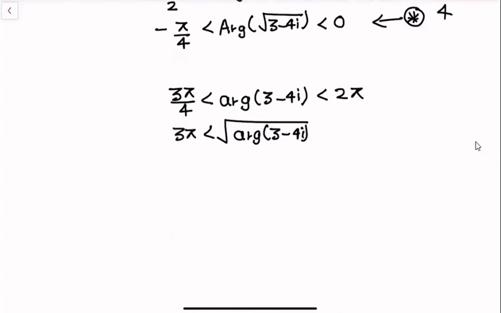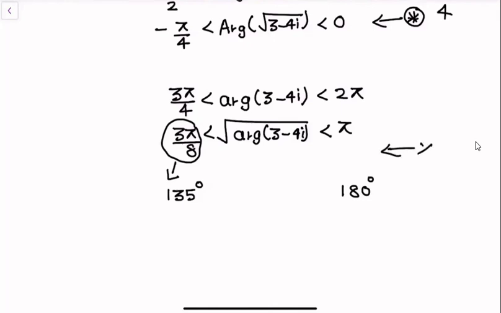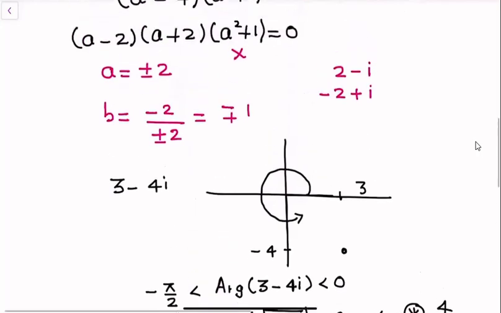In degrees, it is 135 to 180, I believe. And 135 to 180 is in quadrant 2. Then one square root must lie in quadrant 2 and the other one must lie in quadrant 4.